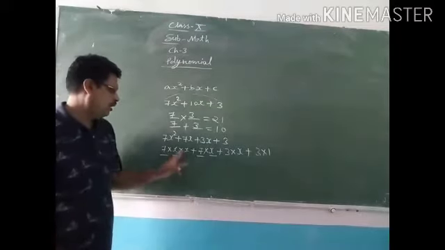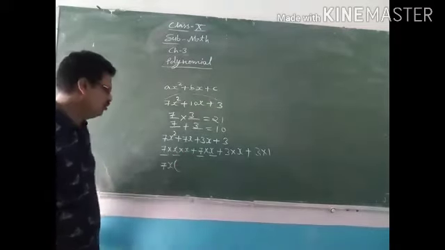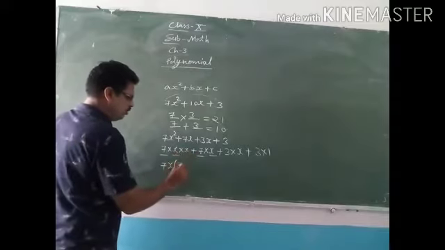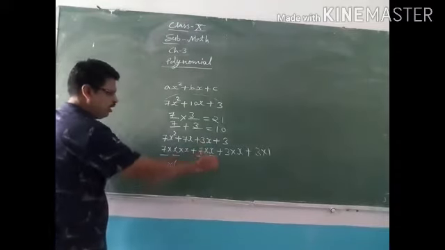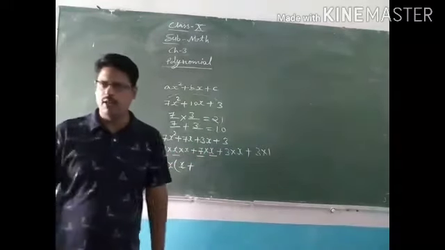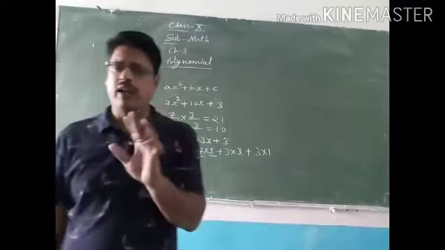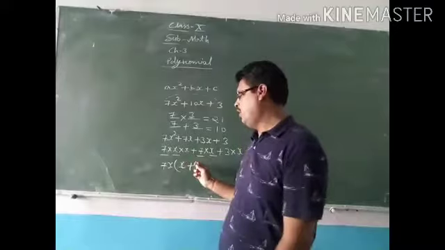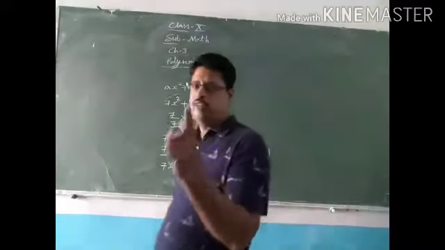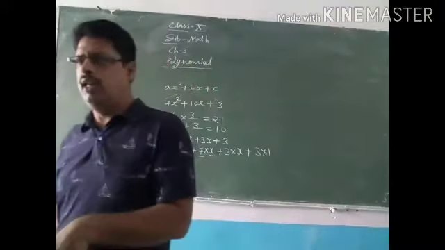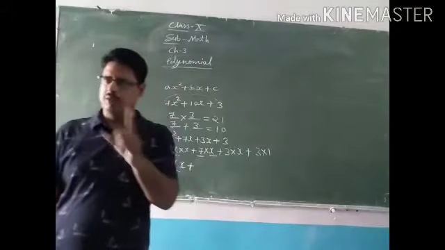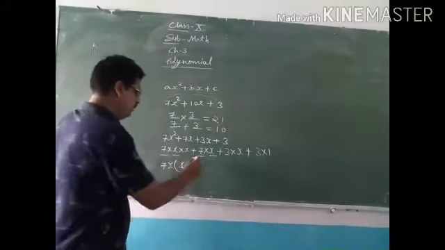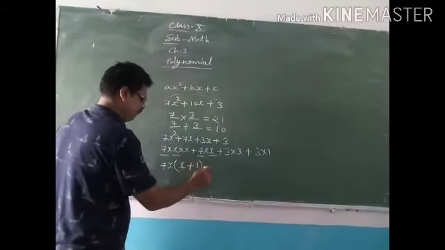So what is remaining inside from these first two terms? Here only x and plus 1. Here the complete thing we have taken common. Whenever we take the complete thing common, what remains inside? Only 1.